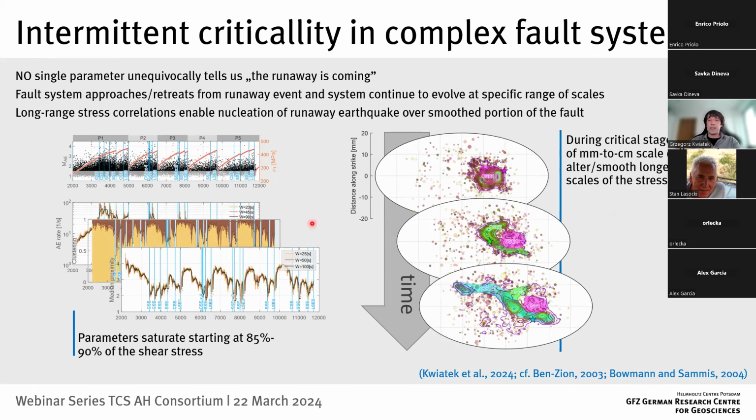So this is also the critical stage of the complex fault system in which this fault is basically continuously approaching and retreating from failure. And these retreats, in our case, are caused by the microslips from millimeter to centimeter scale, which is essentially failures of the asperities.